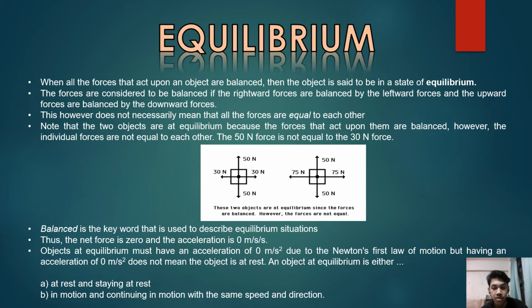We said that in equilibrium there are only two cases. For the first one, when the object is at rest, and the second one when it is in motion and continuing in motion with the same speed and direction. If the object fits one of these two conditions, then it can be said to be in equilibrium.